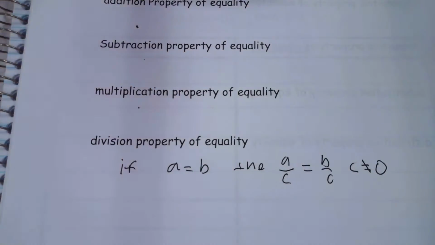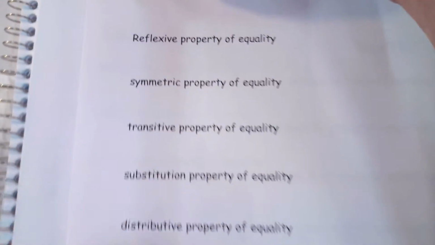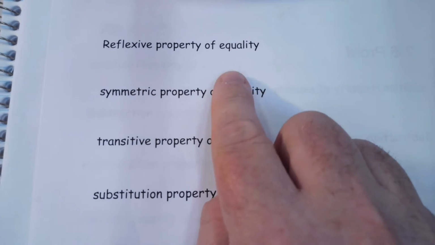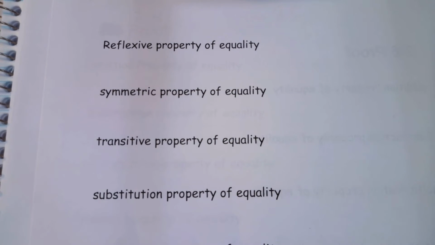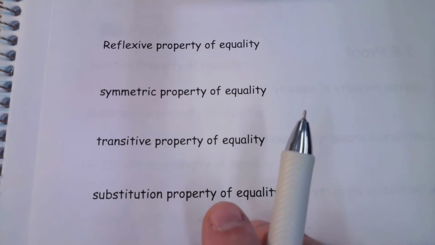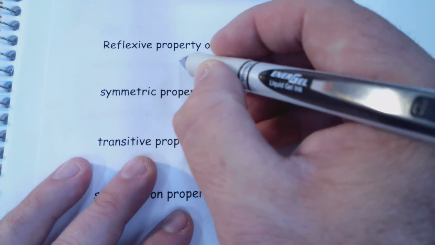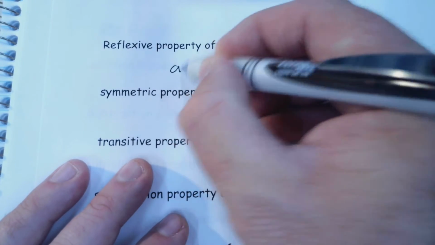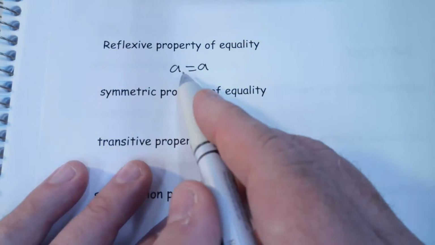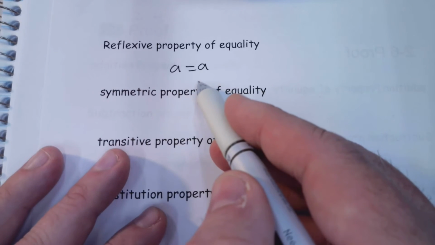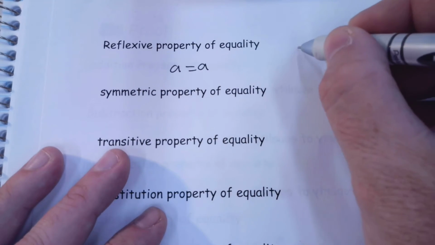Okay, these you've done. These might be a little bit different. We're going to use reflexive a lot, actually. And it doesn't make very much sense algebraically speaking, but you'll be okay. Basically, it states that A equals itself. Okay, here's where it will come in handy.